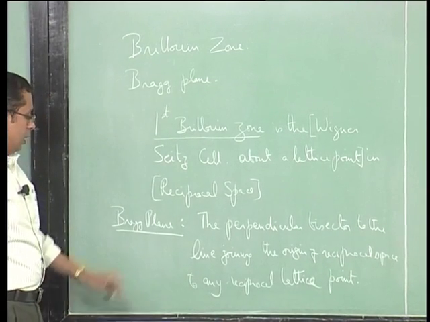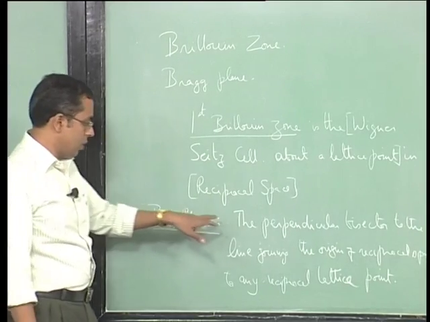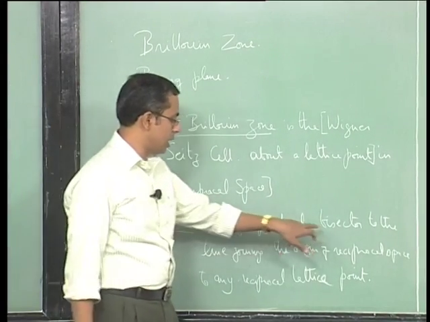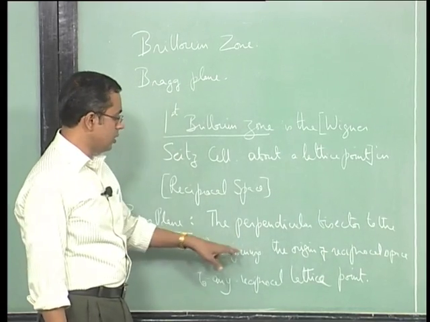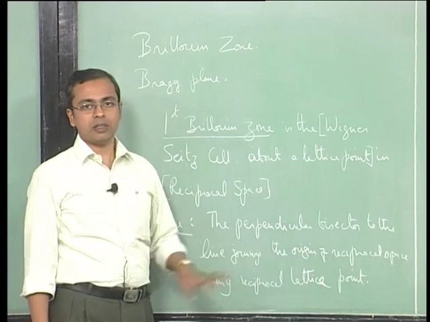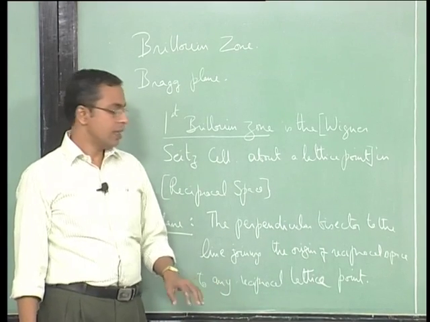Okay. So the Bragg plane is again a definition. We are defining it as the perpendicular bisector to the line joining the origin of reciprocal space to any reciprocal lattice point. Okay. So this is a definition.